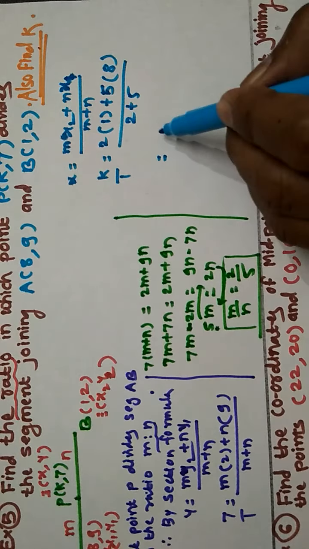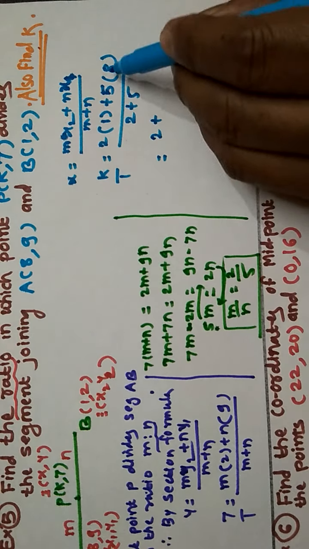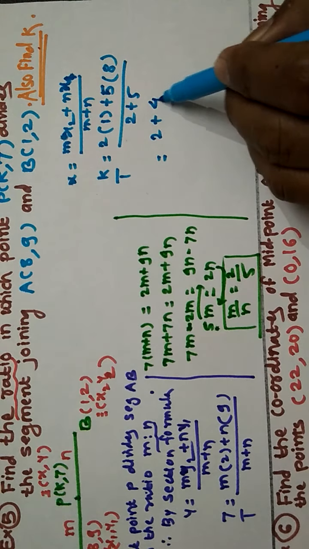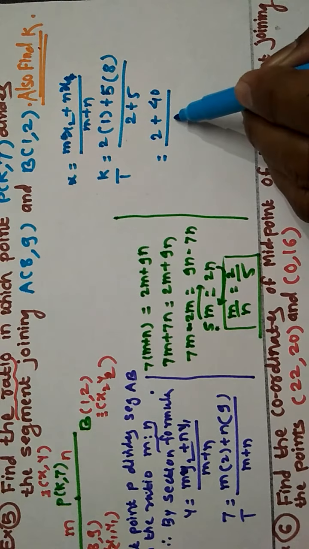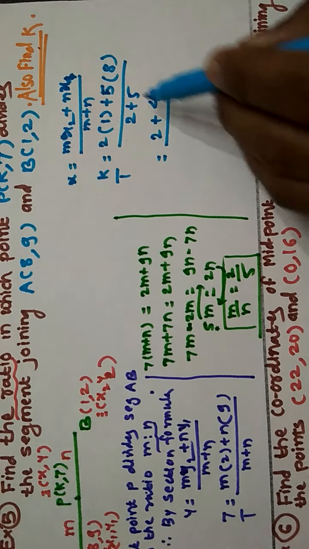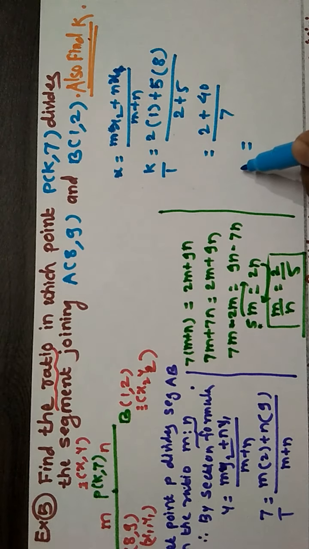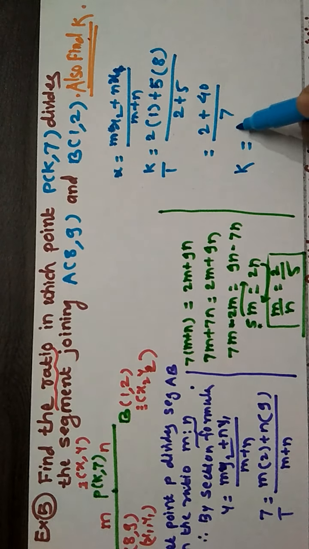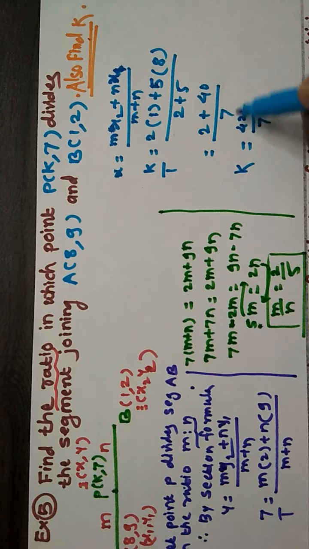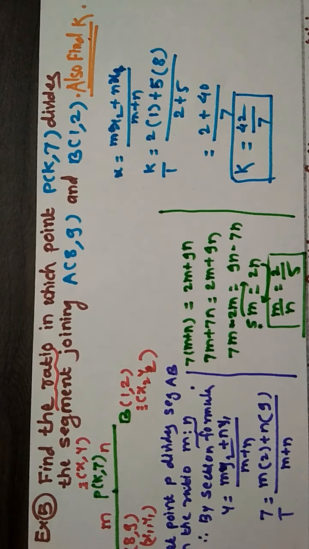Now 2 into 1 means 2, 5 eights are 40, divided by 5 plus 2 means 7. Now solve this: 40 plus 2 means 42 upon 7. This is the value of k.